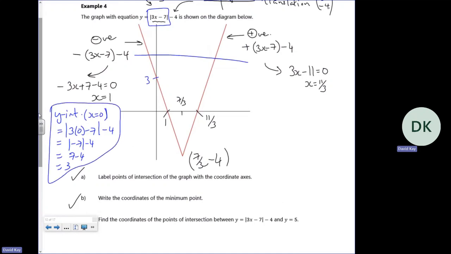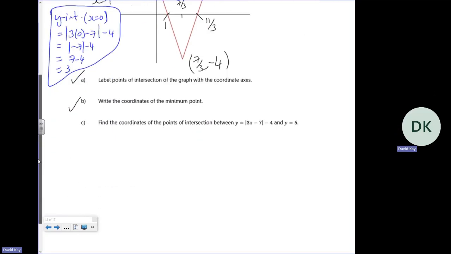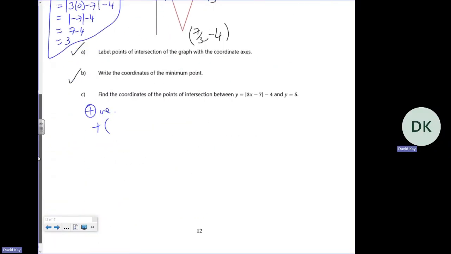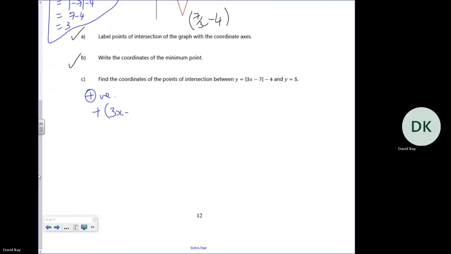That's a nice straight line, isn't it? If you can draw a straight line, we're really so good. And that's equal to 5. So I've got where it crosses on the positive and where it crosses on the negative. Where it crosses with the positive, we said that was plus 3x minus 7 minus 4 is equal to 5.